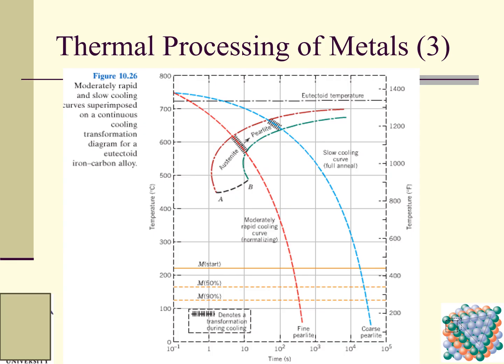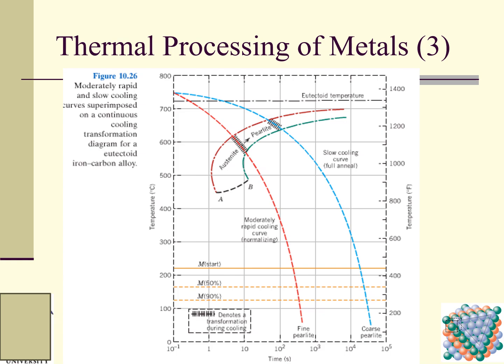This is austenite. With high temperature and a rapid cooling rate, we can get this fine pearlite. If a slow cooling rate is applied, we can get this coarse pearlite.